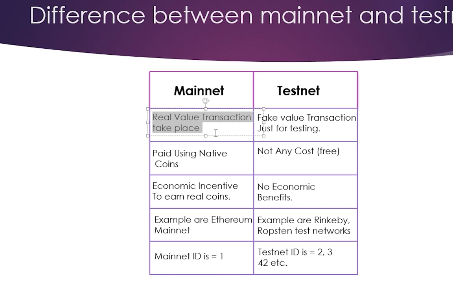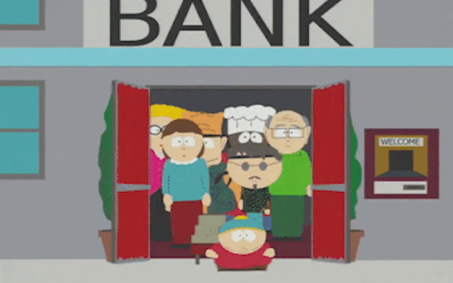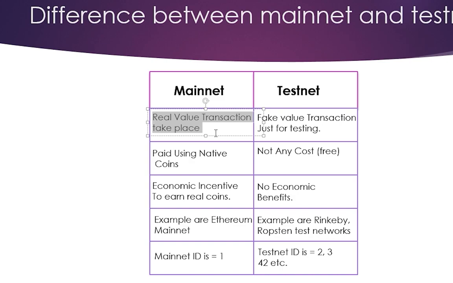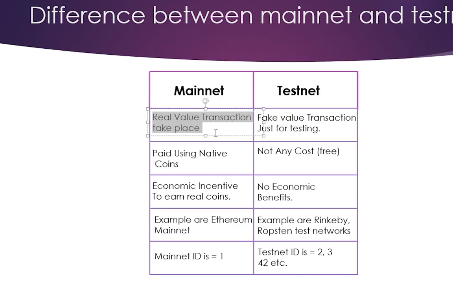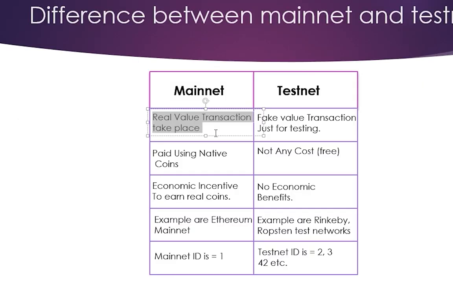It means when I want to transfer some money to my friend's account, the money in this transaction will be real money or real ether, and that will not be like the banking system, but that transaction will be done through the Ethereum wallet. And here instead of money we have ethers, and that was the first point of the mainnet.